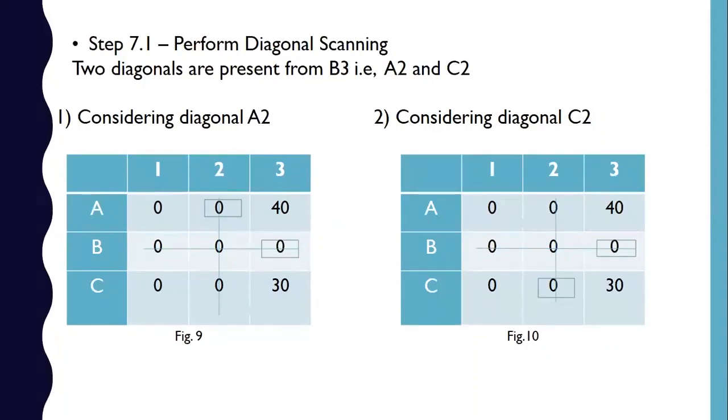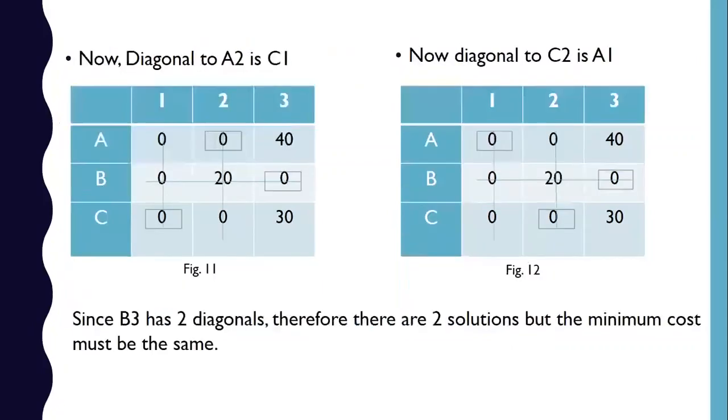Taking both of them separately, first in diagonal A2, we see that there is a zero. So we mark it in a box and strike that entire column. And similarly in C2, we see it's a zero and we mark that in a box and strike the entire column. Now further, the diagonal to A2 is C1.